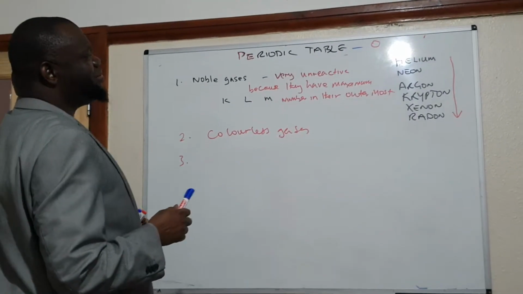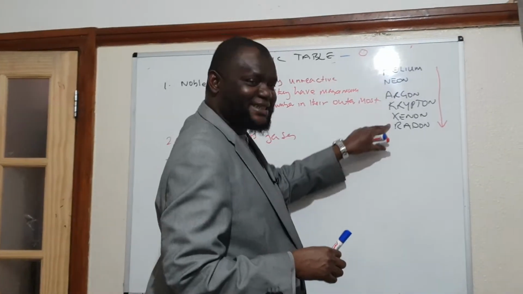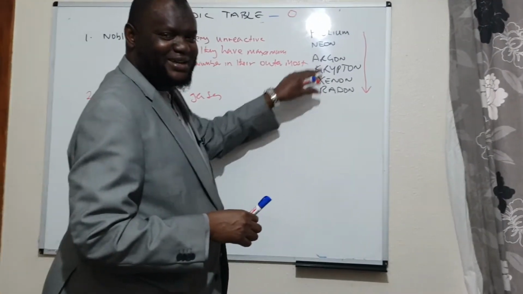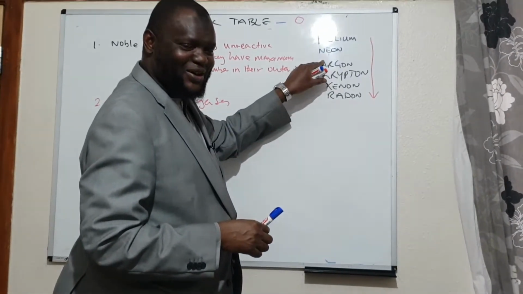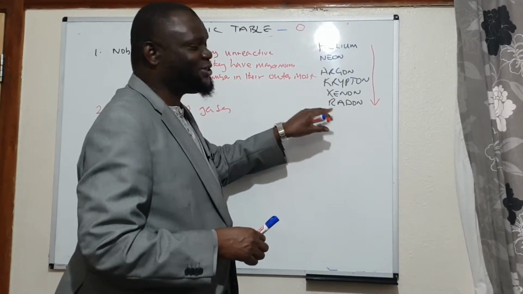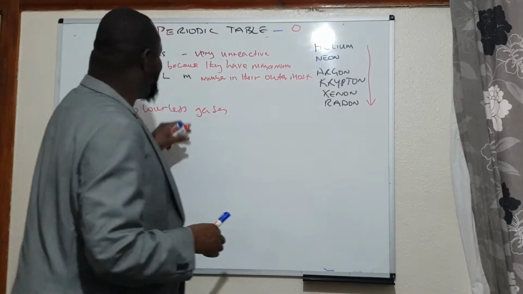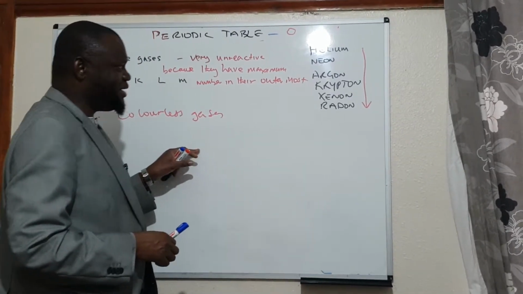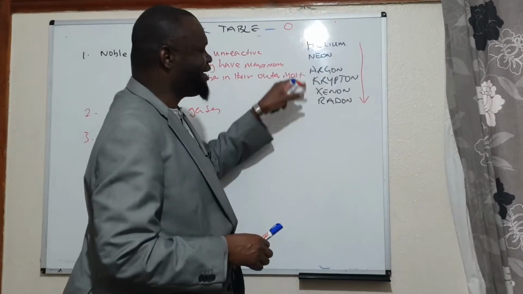So if somebody says the activity increases down or up the series, that means you don't even know what these gases are. There's no reaction. That's why they are called inert gases. So there's nothing like reactivity increasing or decreasing.